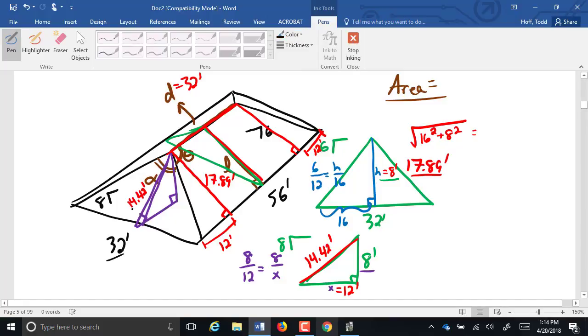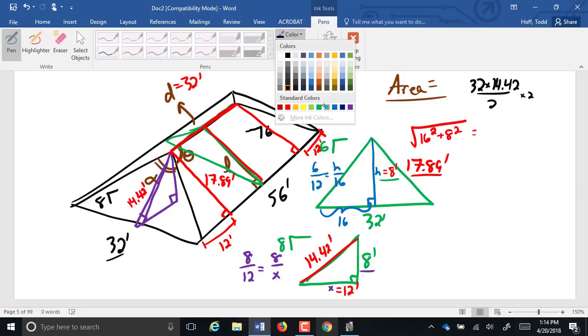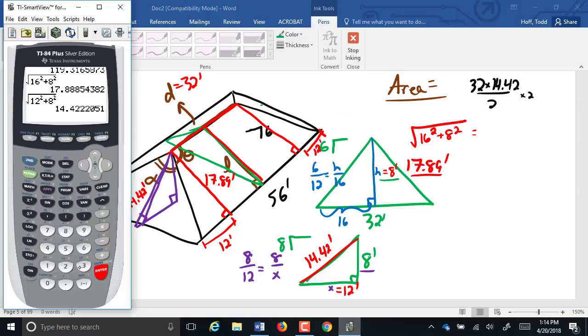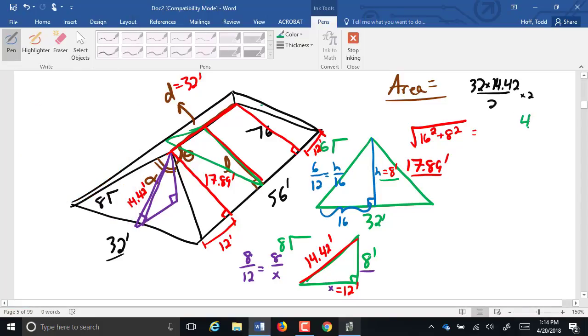We have this triangle here that's 32 by 14.42. 32 times 14.42 over 2, but times 2 because there's 2 of them, right? There's one on the other end. Gives us 461.44 square feet. And then here, the trapezoid with bases of 56 and 32 over 2 times that height of 17.89.